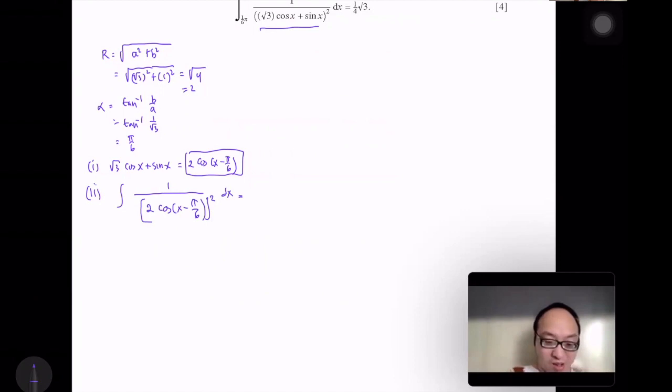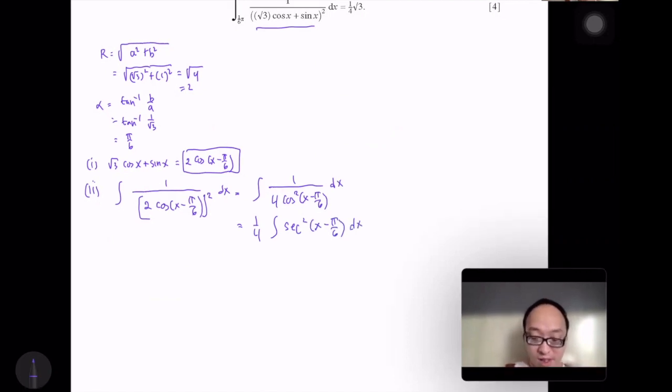Now, we have the integral of 1 over 4 cos square of x minus pi over 6. So we can put the 1 over 4 out, and 1 over cos square is secant square of x minus pi over 6 dx.